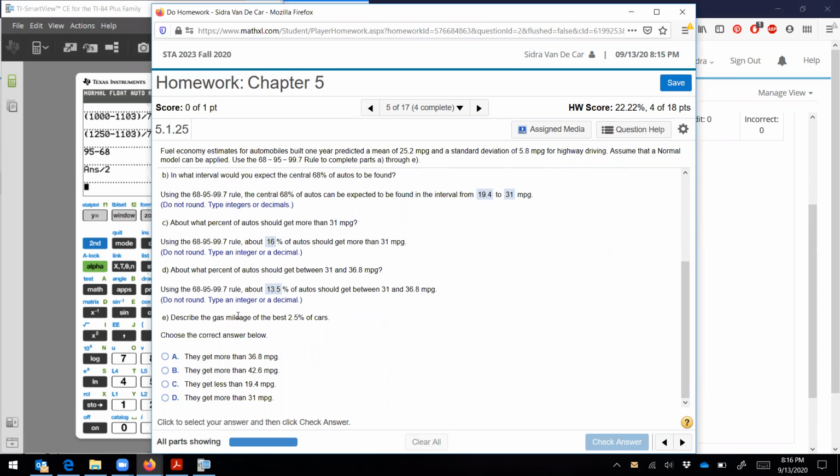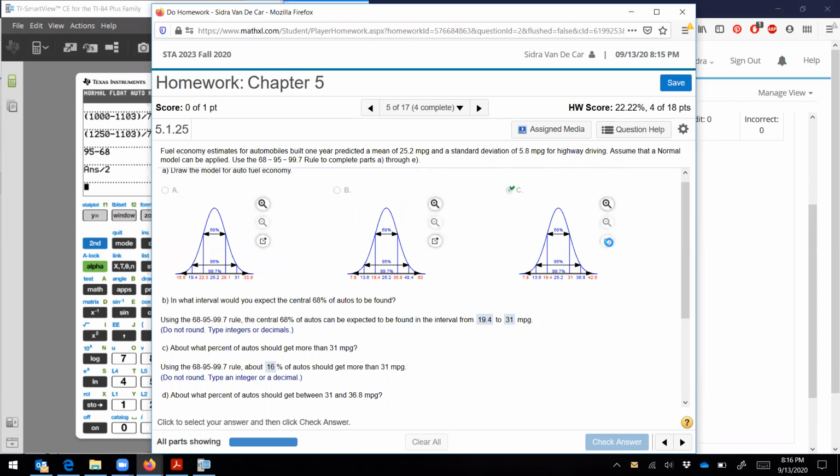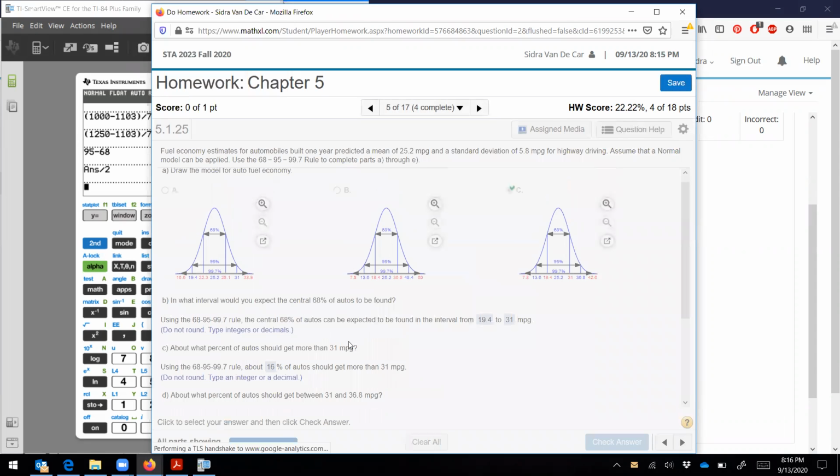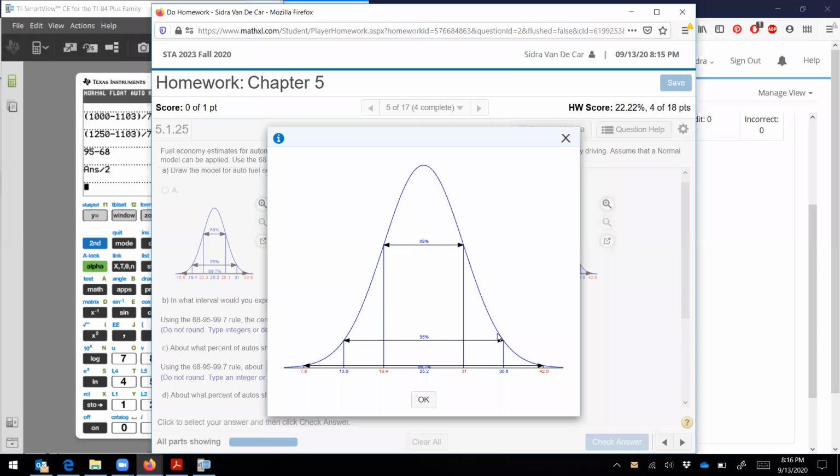So we want to describe the gas mileage of the best 2.5% of cars. Okay, let's go back to that picture again. So if 95% is between these two values, then 100 minus 95 is split here and here.